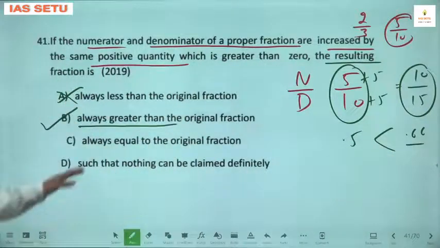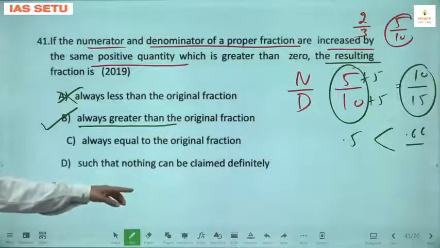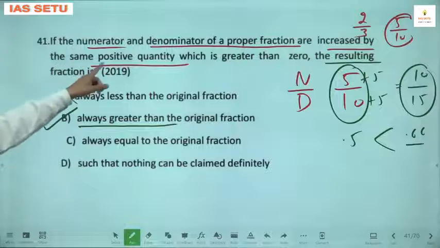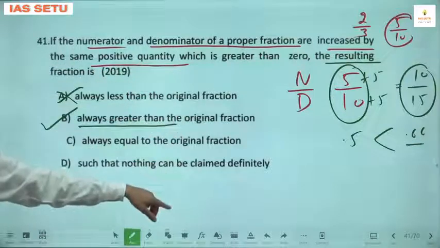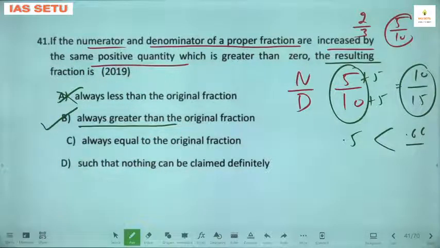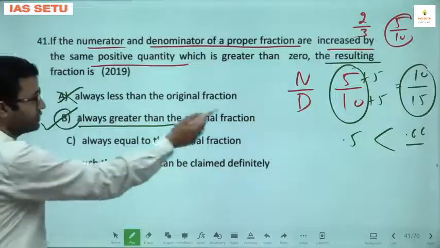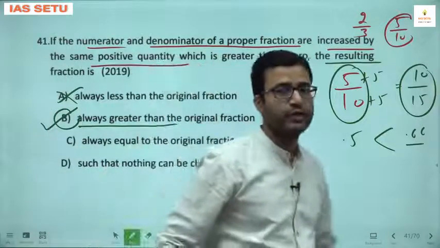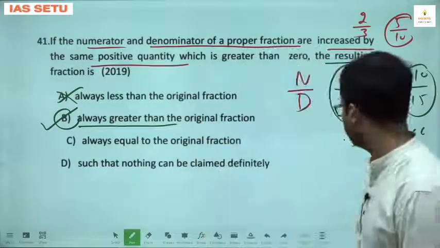Yes. Always equal to? No. It will never be equal, so nothing can be claimed definitely otherwise. Since this is a proper fraction, yes, we can claim. In case of an improper fraction, we have the opposite result. I already gave this in my lecture. So here the answer is B. You can just put in values and get your answer, and cross-check actually.